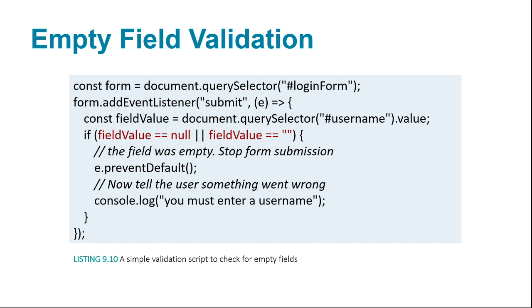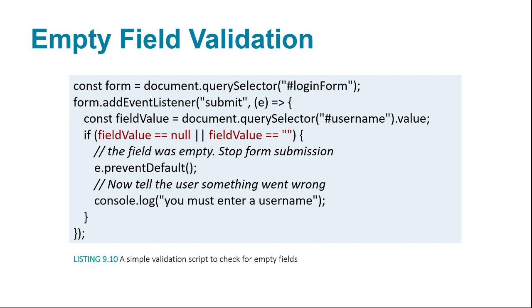Okay. So then if it is empty or null, then do this thing where it's prevent default. We talked about that last week or the week before. Prevent default stops the default action of whatever the event is. In this case, it stops the form from being submitted, and then pops up in the console that you must enter a username.